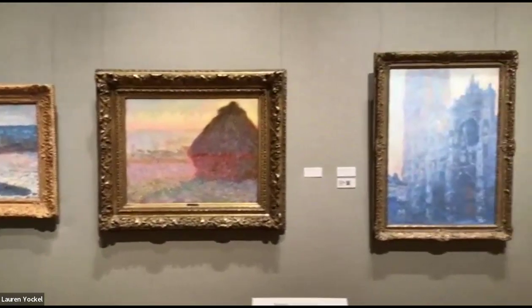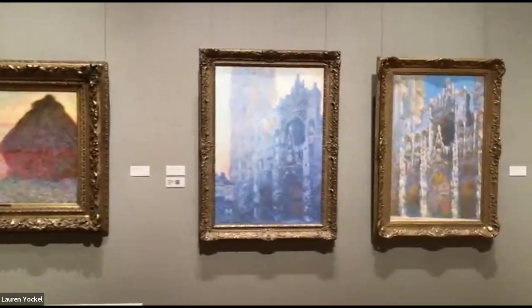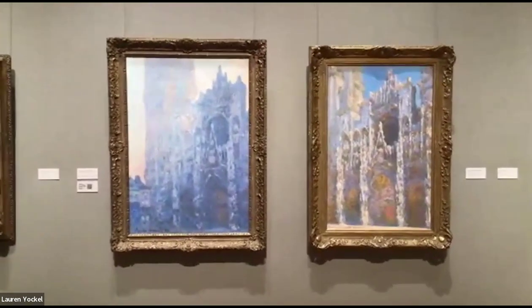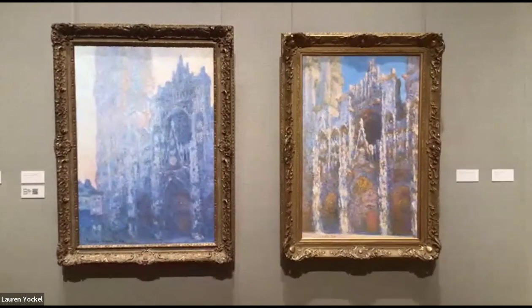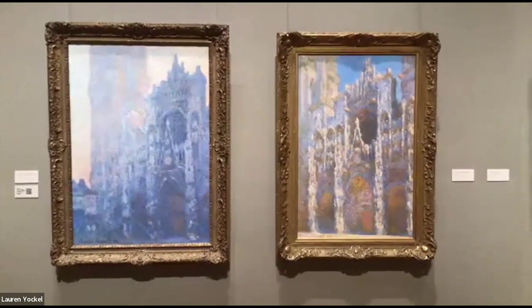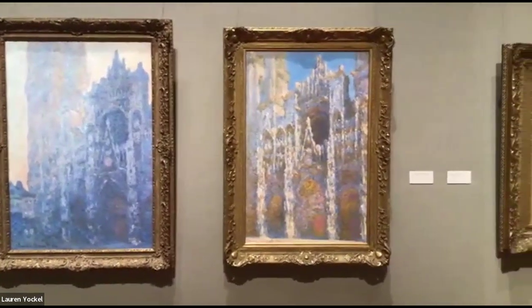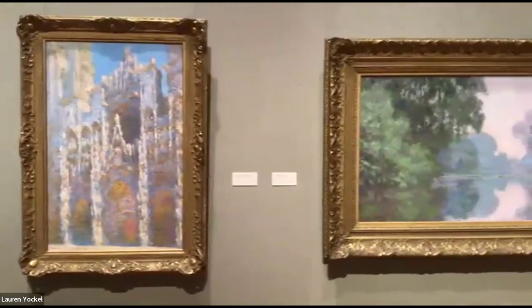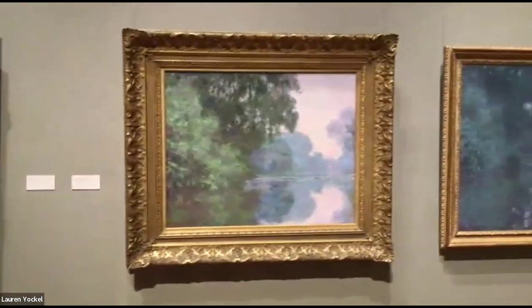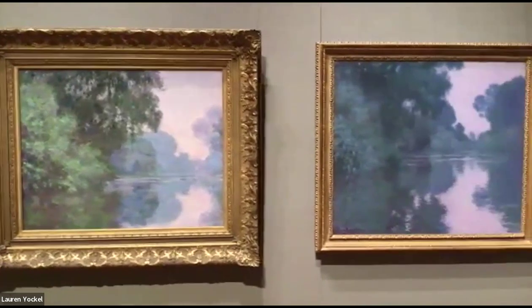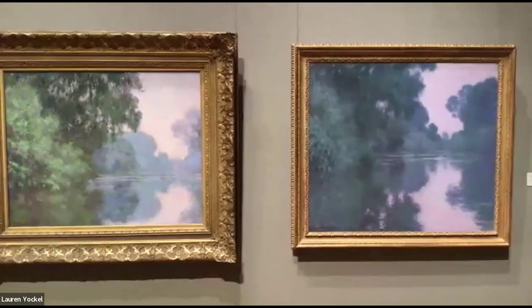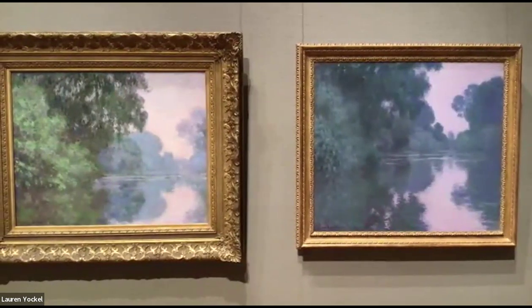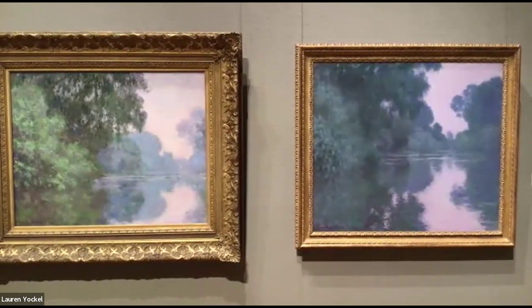And then as I move down this wall, you can see a couple of other pairs. Here's two paintings he did showing a cathedral in France. And then we have another two paired here that show the same scene, but again, you can notice the different colors, the different lighting.